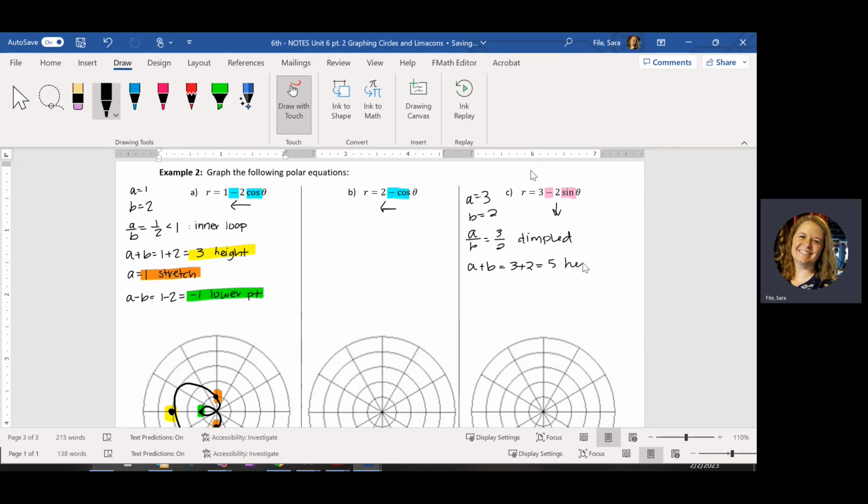So that's going to be the height. A is the 3. That's going to be the stretch. And A minus B is +1. That's going to be the lower point, and because it's positive, that means it's going in the opposite direction as the height, right?